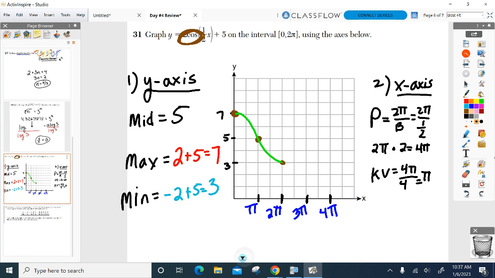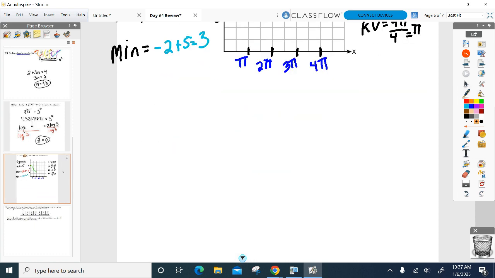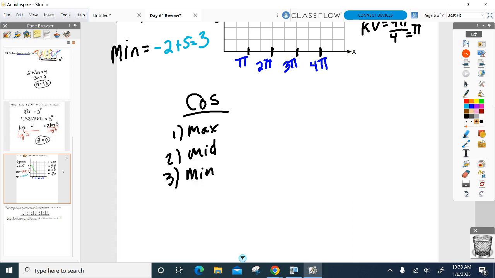All right, Jared, here you go. Anybody else that wants this? We were just on cosine, right? So max, mid, minimum, back to the midline, ends at its max.